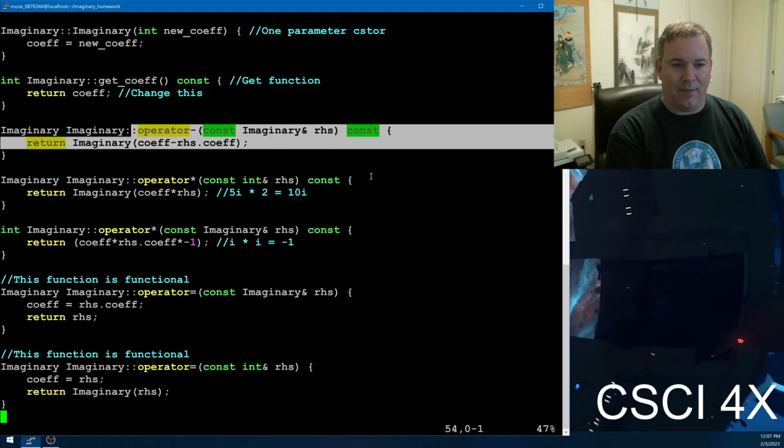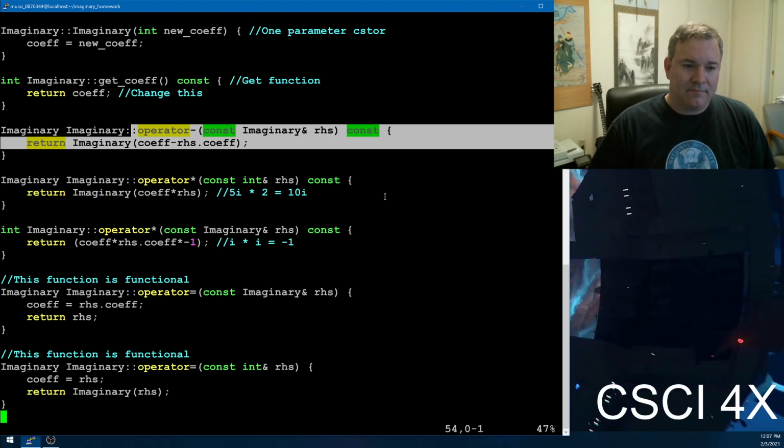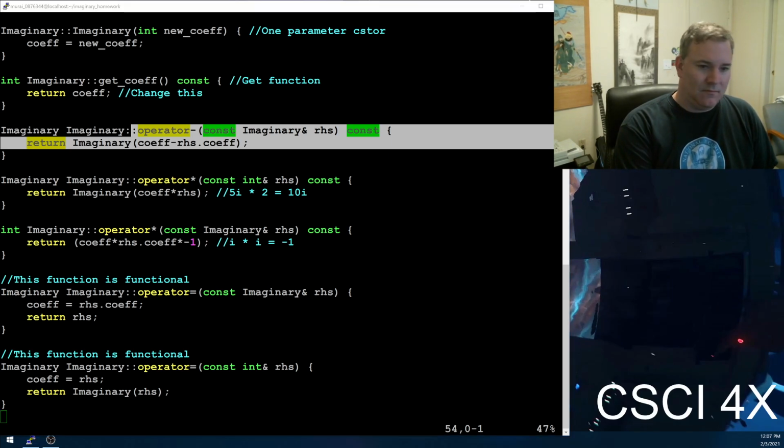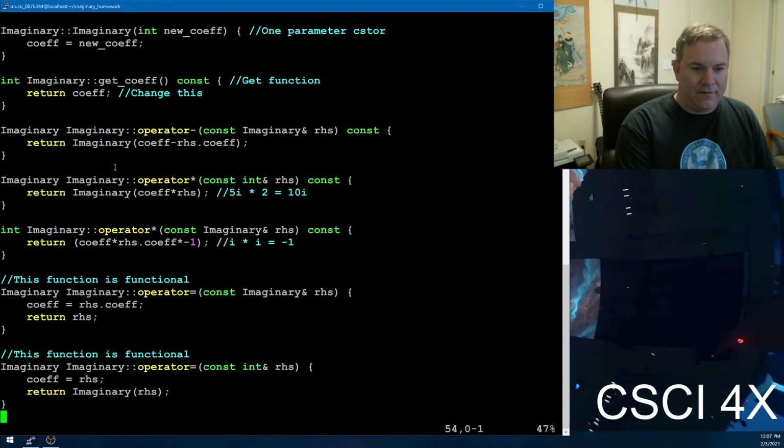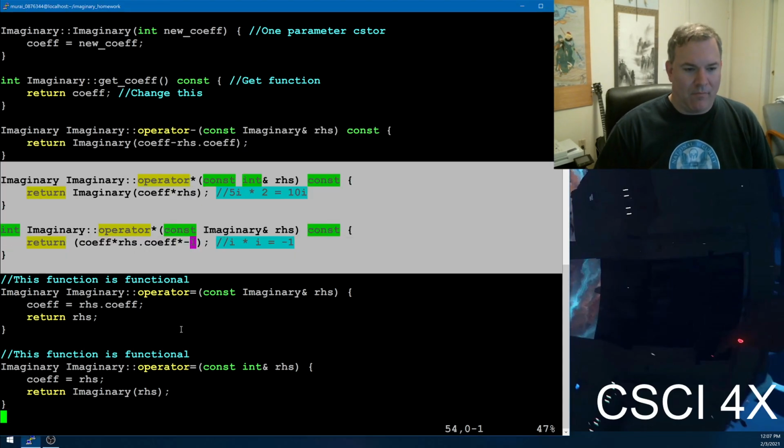All right. So what does operator minus do? It subtracts them. It subtracts the coefficients. Okay. So if you have one imaginary number that's 5i and one that's 3i, when you subtract them, it gives you 2i, right? What is the difference between these two multiply operators here?